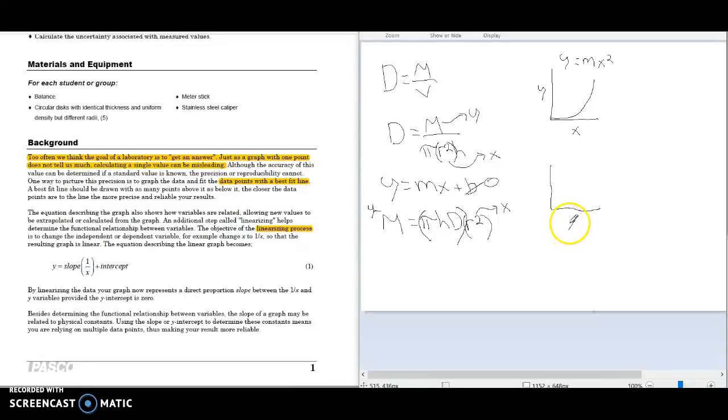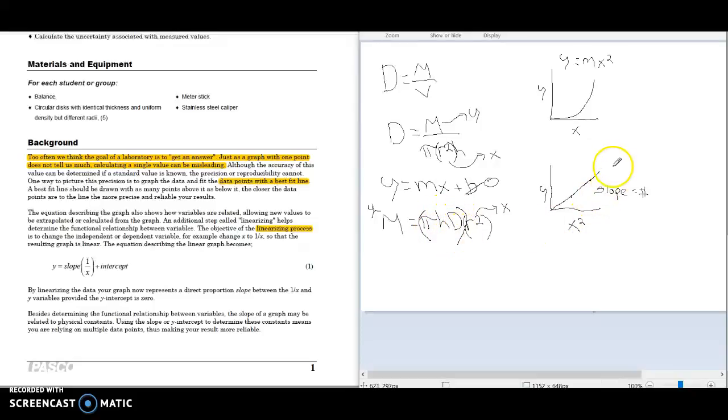So if I took the data points' value of x squared instead of just x, and y is the same number, your new data will look like a straight line. And now we can calculate the slope. You can pick 2 points, and you can do rise over run to get some number for the slope, whatever that number represents. Now, what is in the slope slot? These variables right over here.